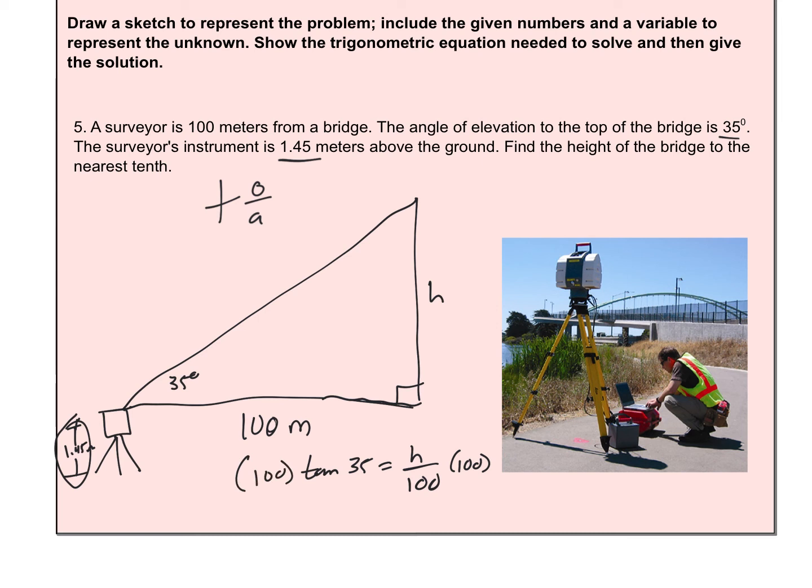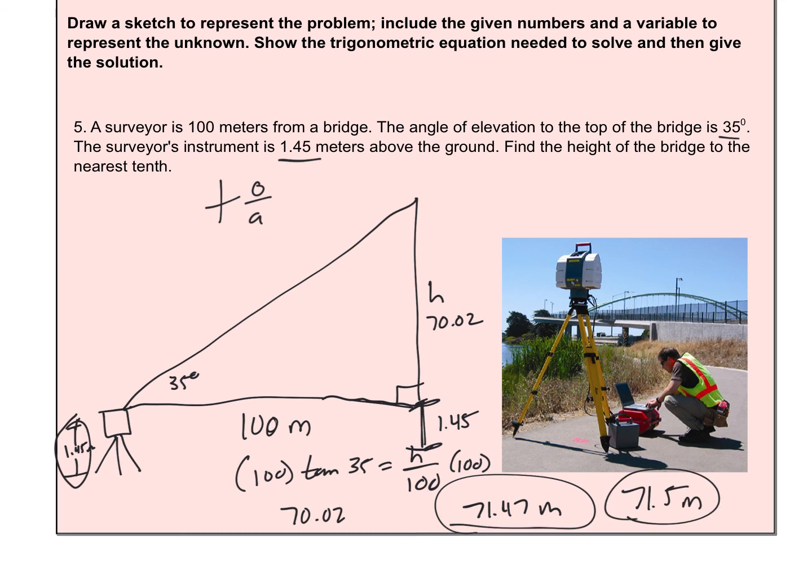Tangent of 35 times 100 is about 70.02. So the height is 70.02, but I also need to add in that 1.45, which brings me up to 71.47. That is approximately the height of the bridge. To the nearest tenth would be 71.5 meters.